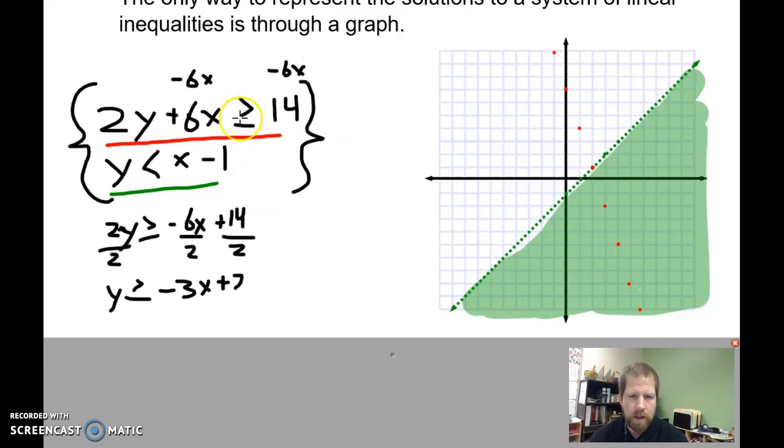Okay, so this is greater than or equal to, so I'm going to be using a solid line, and plot that in there. Looks pretty good. And then this is y is greater than, so I'm going to be shading above the line.